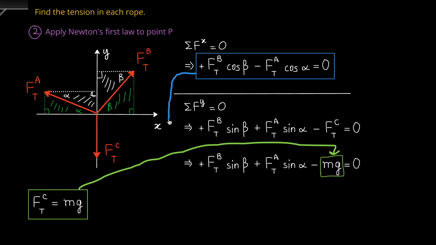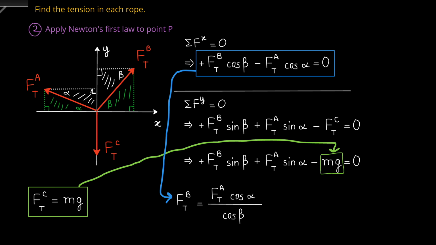It has 2 terms as opposed to the other one that has 3 terms. I'm going to isolate FTB from this equation. So I'm going to put everything to one side and FTB to the other side of the equal sign. Basically I'm going to add this term to both sides and then divide both sides by cosine beta to isolate FTB. Let's go ahead and do that.